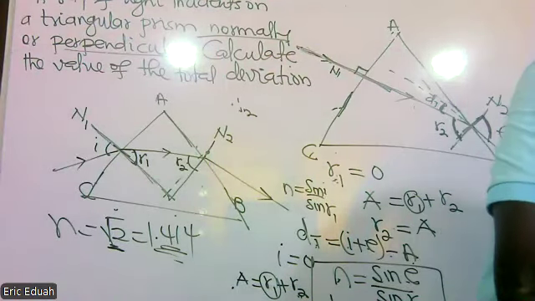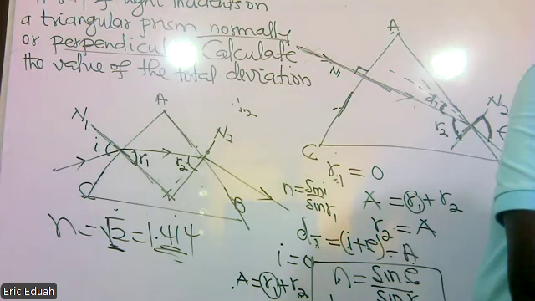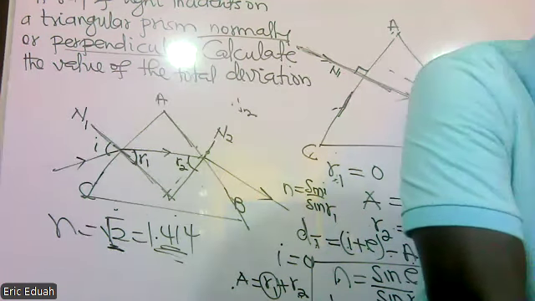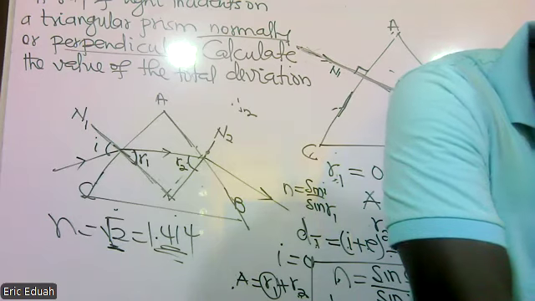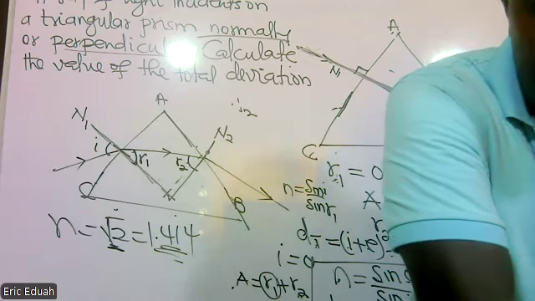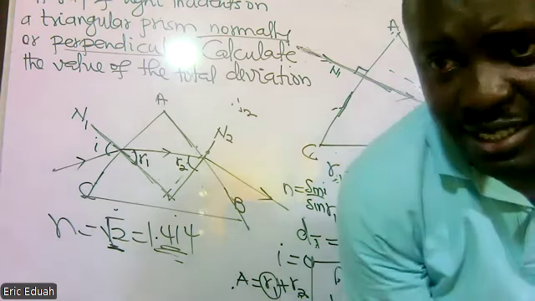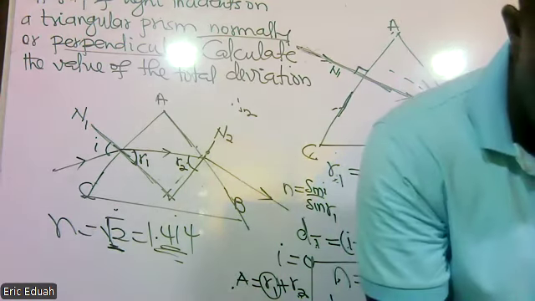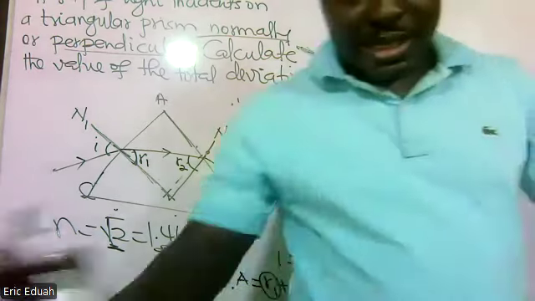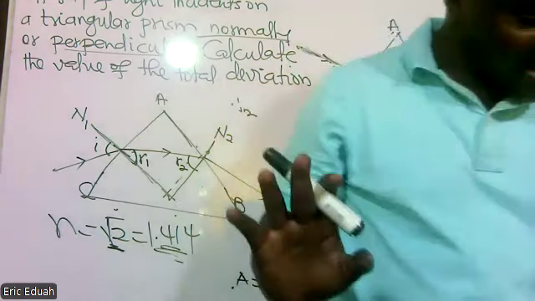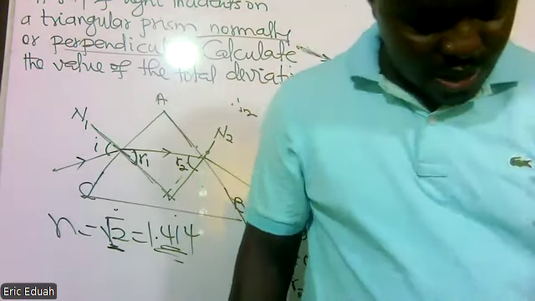So a ray of light passing through a prism having refractive index equal to root 2 shows minimum deviation. So it is clear to you.